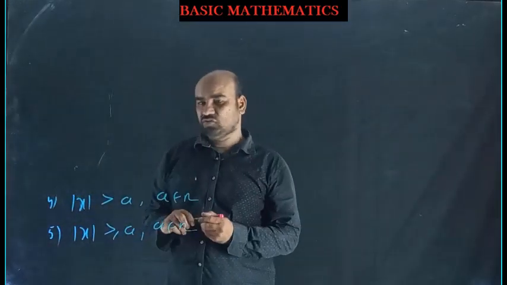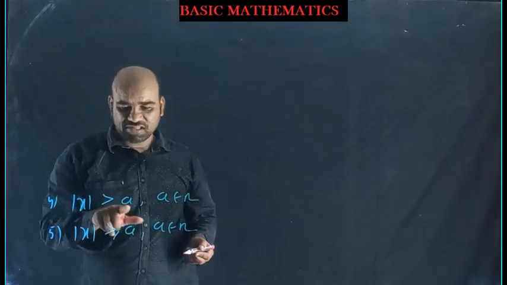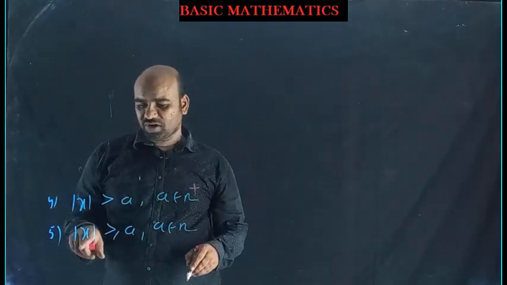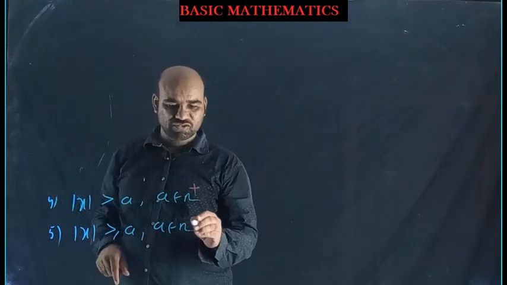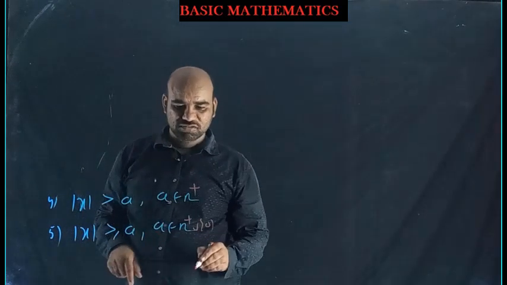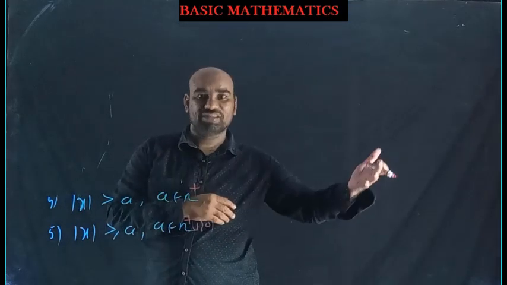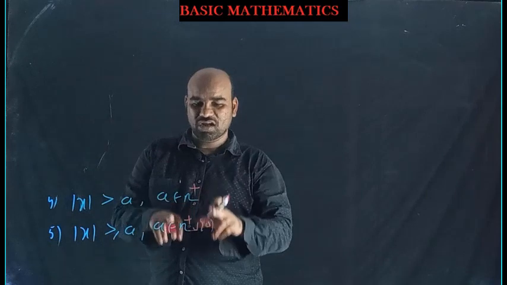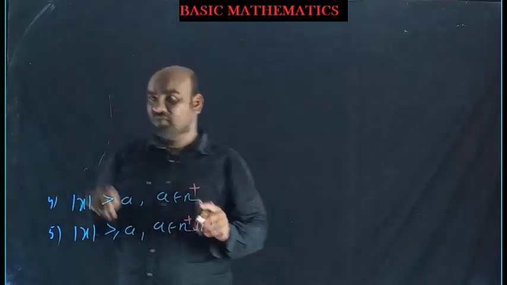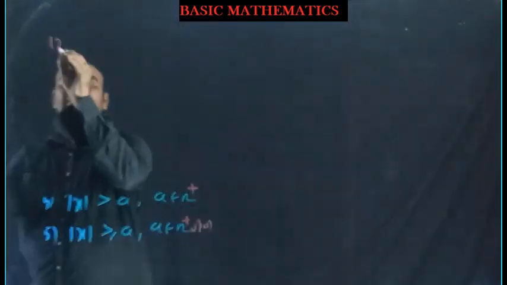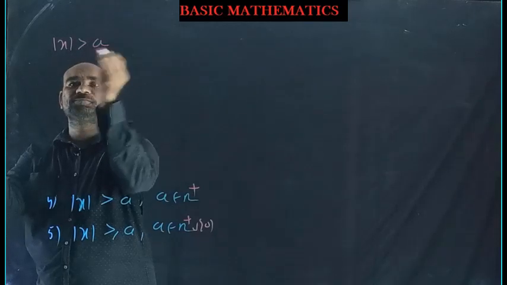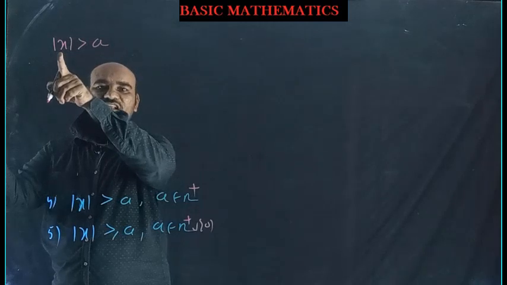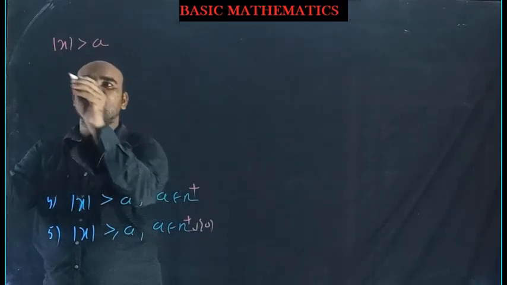Okay students, two more. Mod x greater than a, where a belongs to R plus. Okay, mod x greater than or equal to a, where a belongs to R plus union the set 0. So these results are for positive reals or non-negative reals only. Here, mod x greater than a, with a already positive, means this is non-negative, so squaring is no problem.